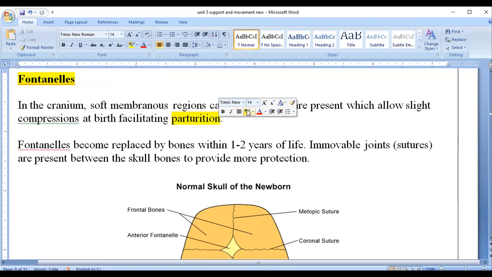Somewhere I have studied the vaginal canal has a diameter of about 6 centimeters.